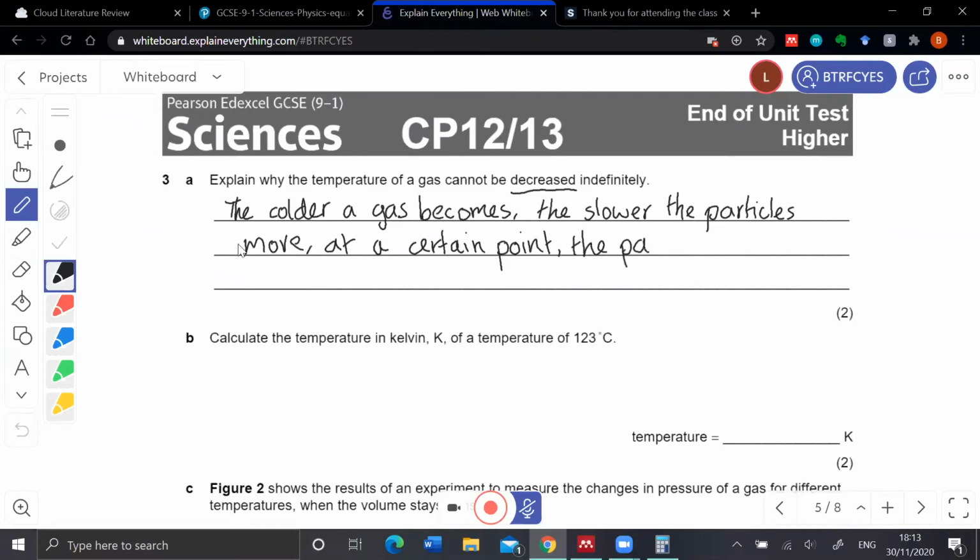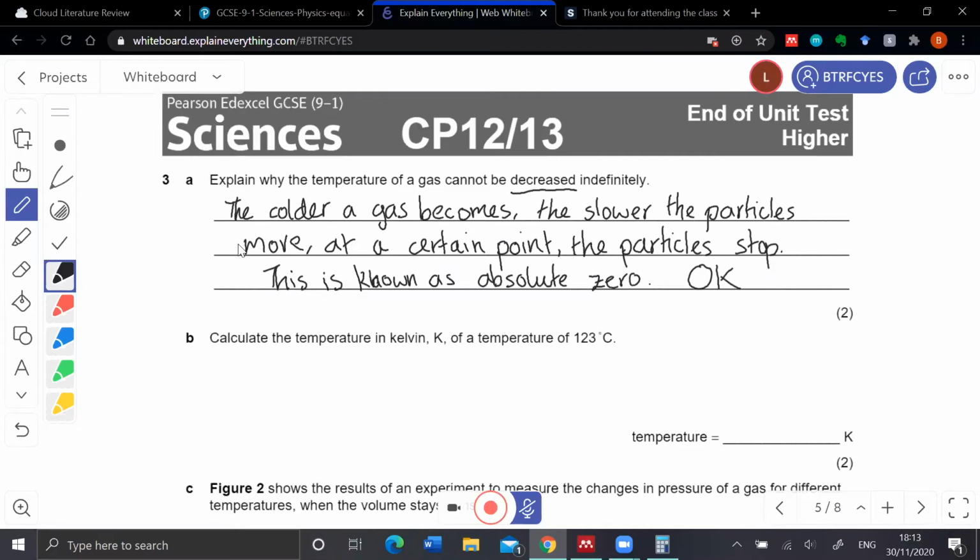And this is called absolute zero, also known as 0 Kelvin. That's a zero, it's a number.